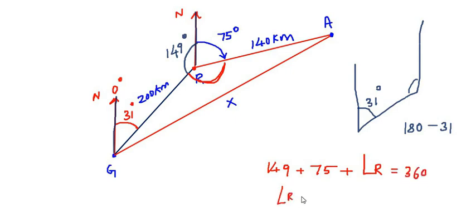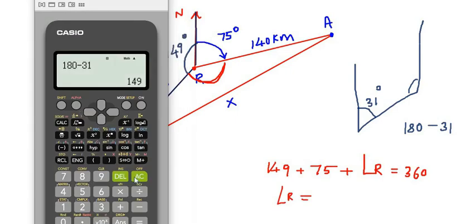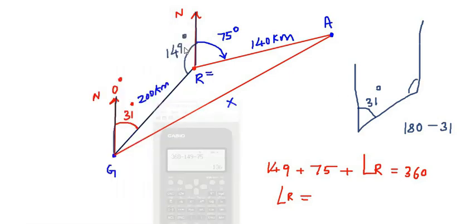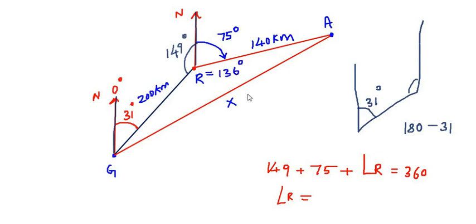So angle R is going to be equal to 360 degrees minus 149 minus 75 degrees. So we got it as 136 degrees. So let me write angle R as 136. Okay. So we have got the angle now.